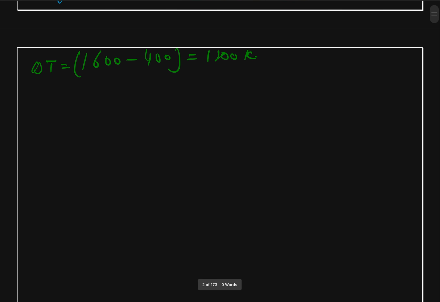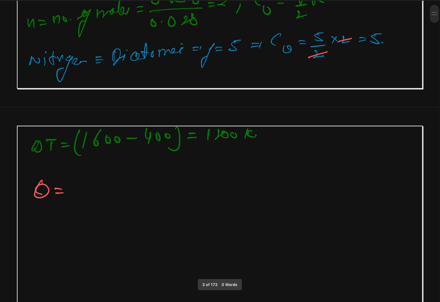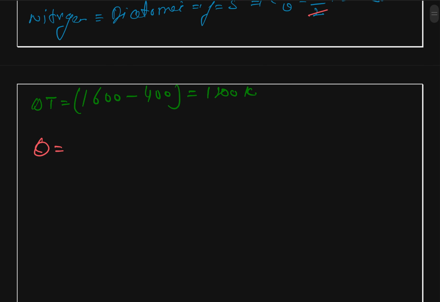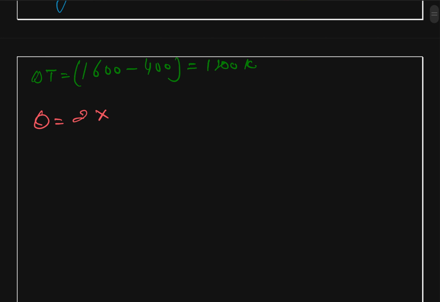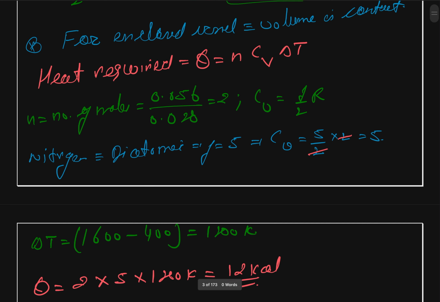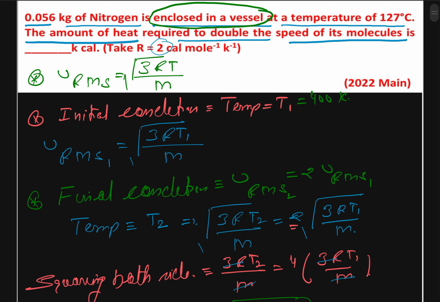Now we can easily find out our Q. So we can say Q, the number of moles we found out is 2, multiplied by C of V which is 5, and multiplied by 1200 Kelvin. So this will be coming as 12 kilocalorie. So we get this will be over 12.